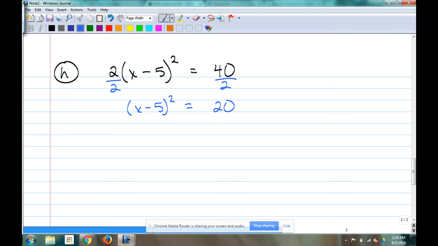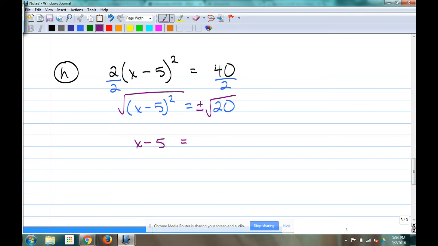Now is the squared part by itself. When you get that squared part by itself, that's when you can use the square root property. Okay? So I'm going to take the square root of both sides. Don't forget your plus or minus. You've got to have that plus or minus in front of it or you'll lose one of your answers. Okay? So that gives us x minus 5 over here. The squared goes away.